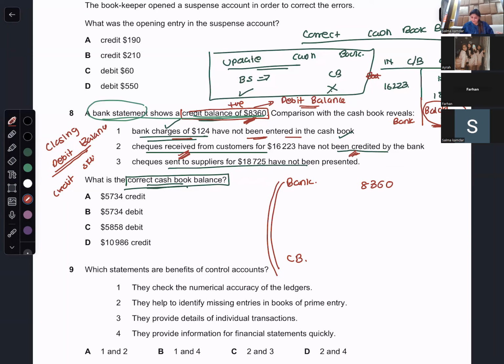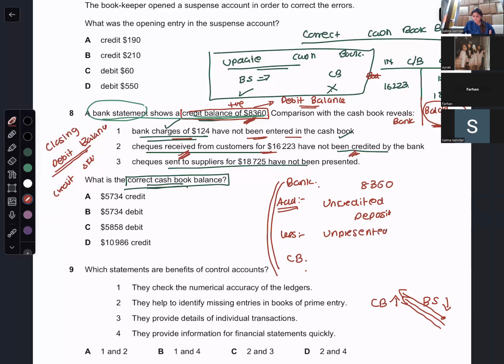Now, check receipt from the customers. Cash book has gone up, right? Bank statement is still down. I want to go from bank statement to the cash book. What will I do? If you want to go from bank statement to the cash book, you will add the uncredited deposits and you will deduct the unpresented checks.